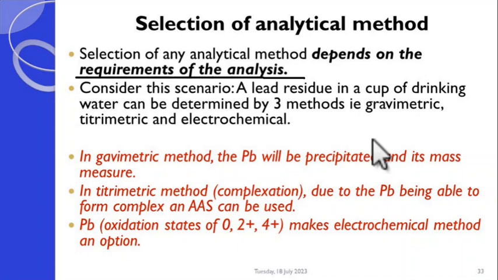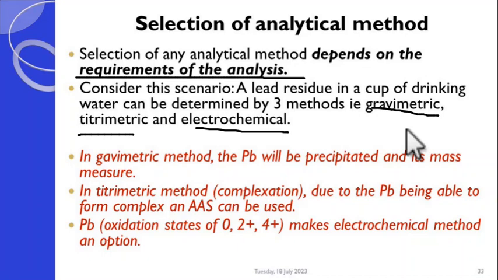Let's look at this scenario. You're going to fetch a cup of water from your tap. Now you want to determine whatever analyte is in it, let's say lead, using three methods. The methods here are gravimetric, titrimetric, and electrochemical.